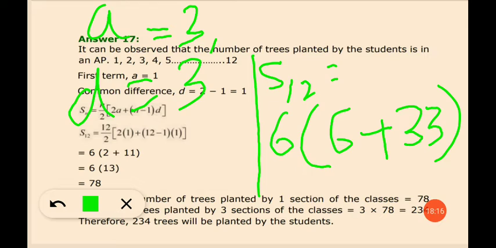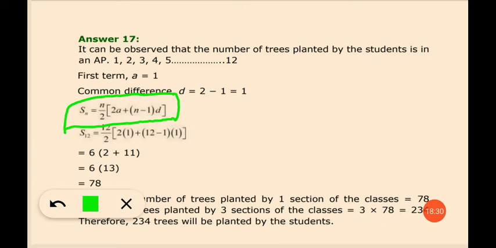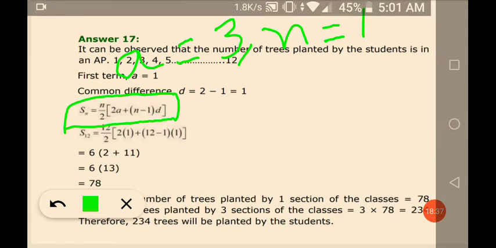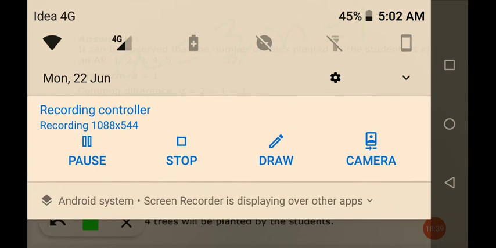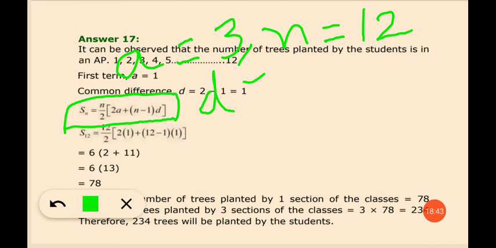Okay students, we have directly put the values in the formula: a equal to 3, n equal to 12, and d equal to 3.